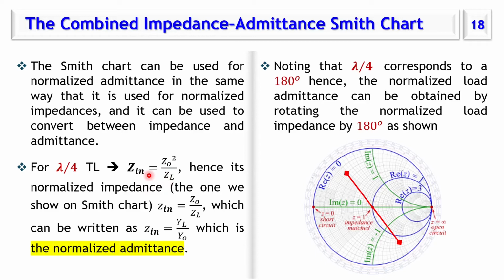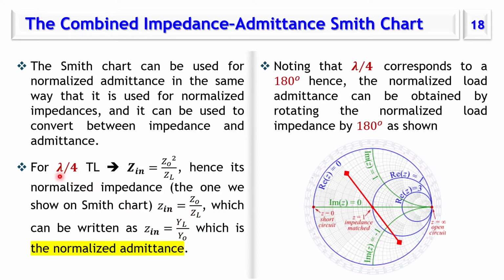If we normalize this, it will equal the normalized, so this is a small letter z input, the normalized input impedance lambda by 4 away from the load, which is Z naught over ZL. If we express this value in terms of admittance, it will be YL divided by Y naught, which is the normalized admittance.